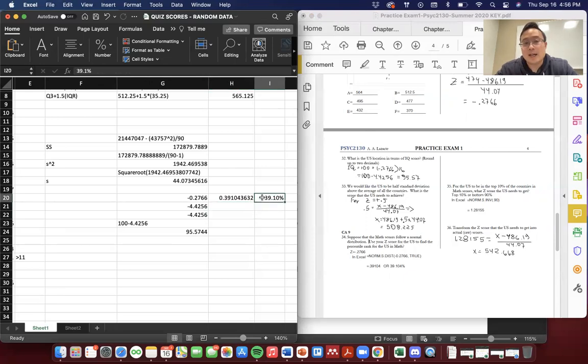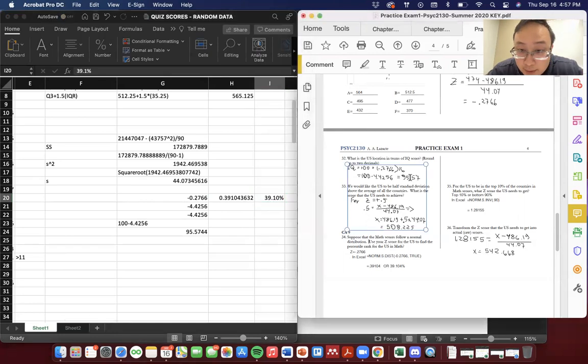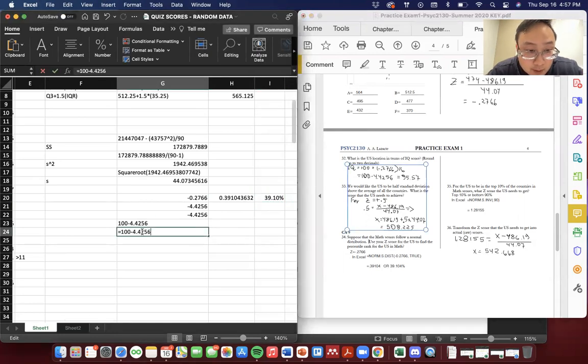And if we want to know our 39.10% in terms of IQ scores, like if we were also at the 39th percentile in IQ, what would that IQ score be? Well, the IQ score would be right here, 95.